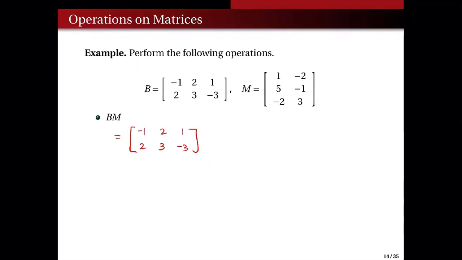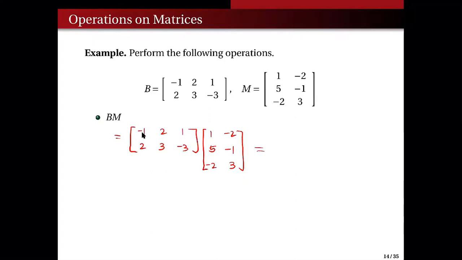And of course, M is the same as the one in the previous slide: 1, negative 2, 5, negative 1, negative 2, 3. So take note, this is still 2 by 3. This guy here is 3 by 2. So the product will be 2 by 2. Okay?